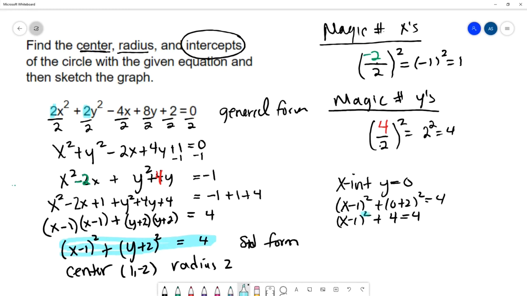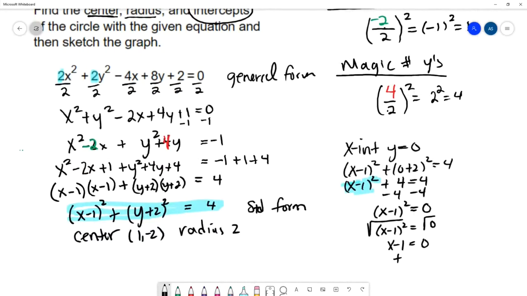So I'm going to isolate the square and everything that's attached to it. I'm going to subtract 4. That gives x minus 1 squared equals 0. I'll square root both sides. That gives x minus 1 equals 0. I'll add 1 to both sides and I get x equals 1 as my x-intercept.